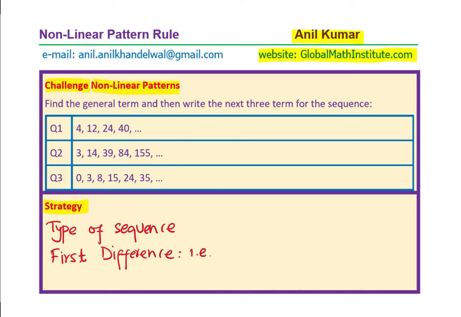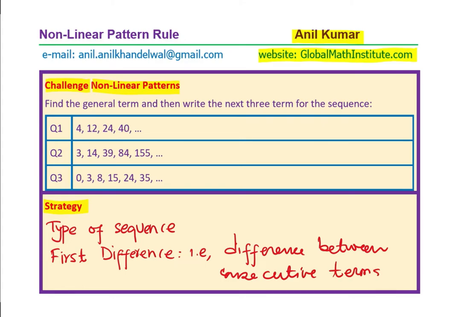Consecutive means the terms which come one after the other, and then we can find how the sequence is increasing.